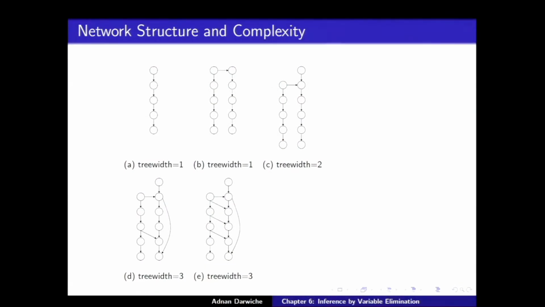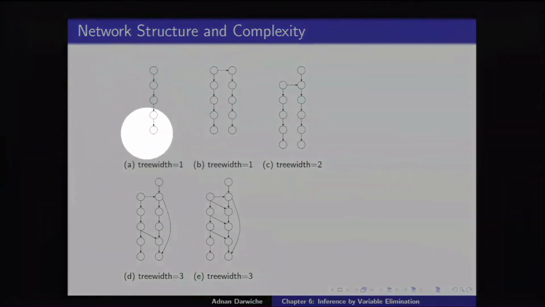But for now, I want you to know this, that the number of parents per node is a lower bound on treewidth. Trees have treewidth of 1. This is a tree that you know for sure, just 1. This is also a tree, by the way, just drawn in a funny way. Do you remember what we called this guy? We had a name for these guys.